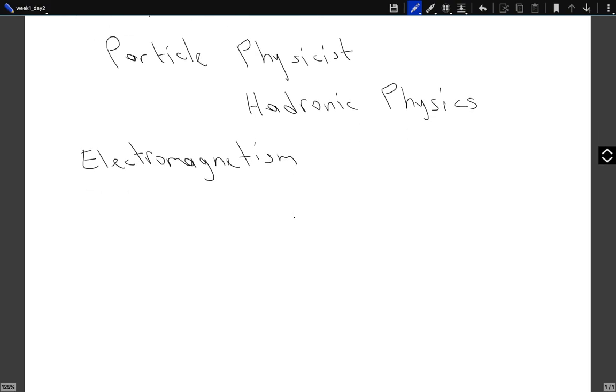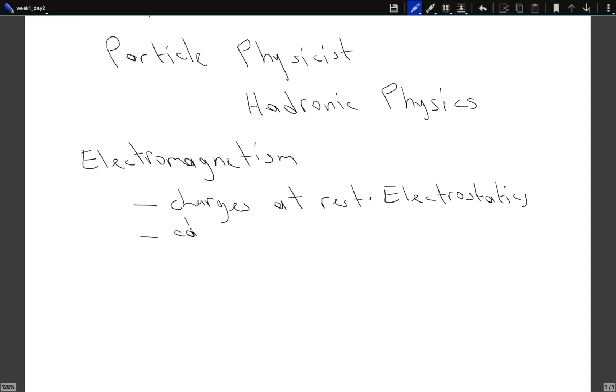Now, we will be discussing electricity, and we will start with charges at rest. So what we call electrostatics. Then we will continue with charges moving at constant speeds.